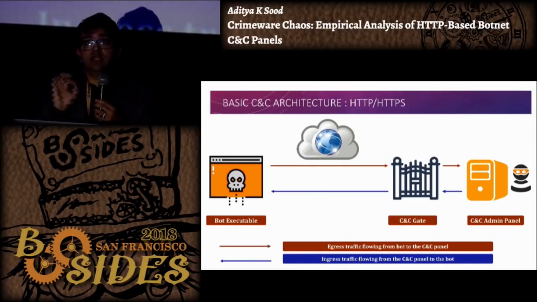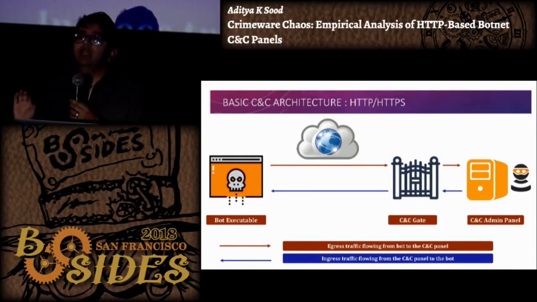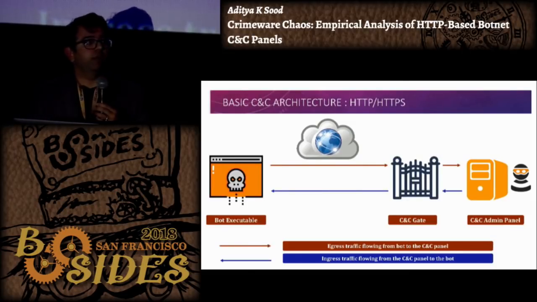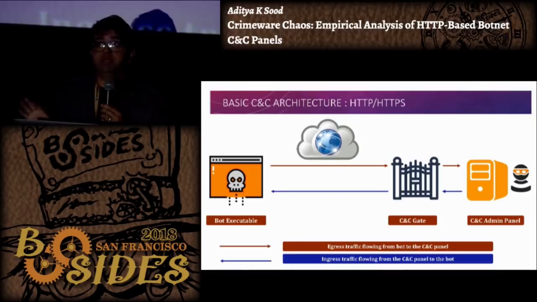But in that case, there are certain mechanisms they have to go after, to make sure they mimic the traffic exactly the same way the bot is sending it. That's why these adversaries, botnet operators, come up with this design of the CNC gate, right? They want to make sure that they get clean data. In the underground economy, the value of clean data is way, way more than the garbage data, right?